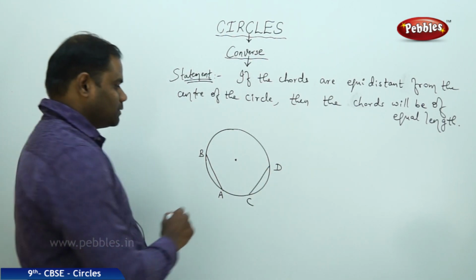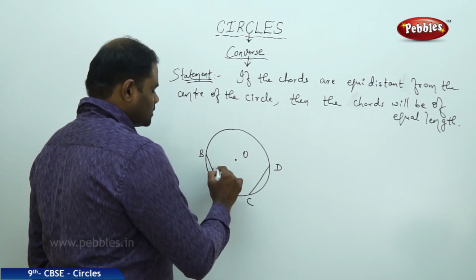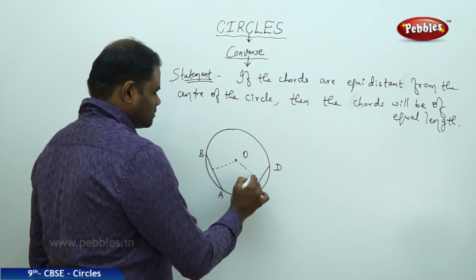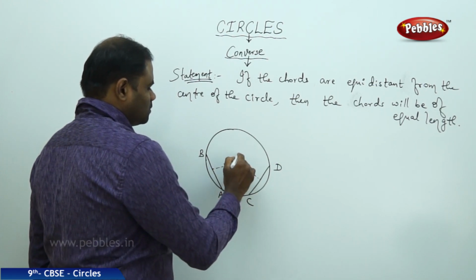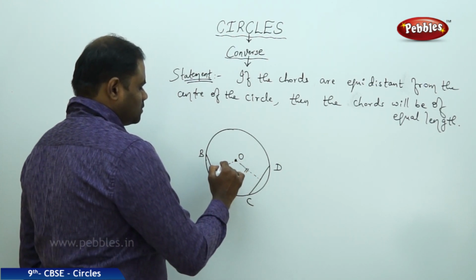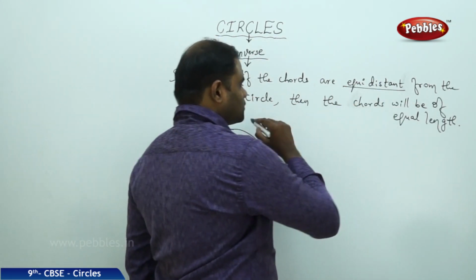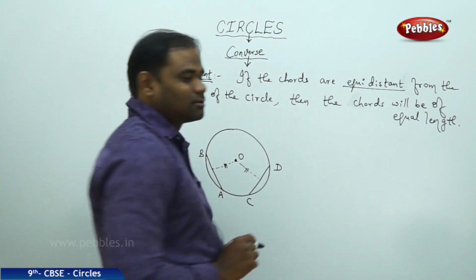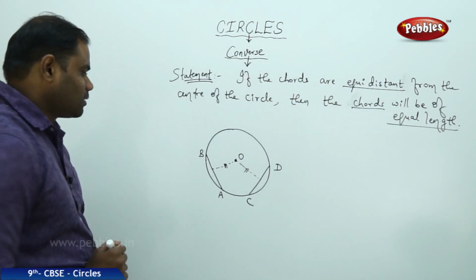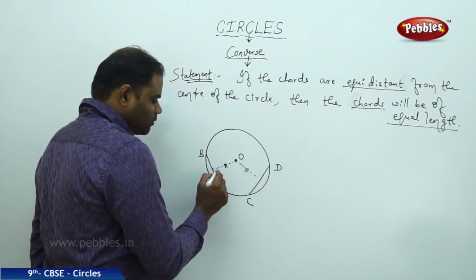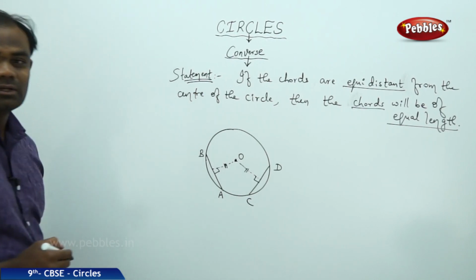Now these two chords are exactly at equal distances from the center O. The two chords are equidistant from the center of the circle, then the converse says the chords must be of equal length. Now these are equidistant, therefore the chords must be equal.